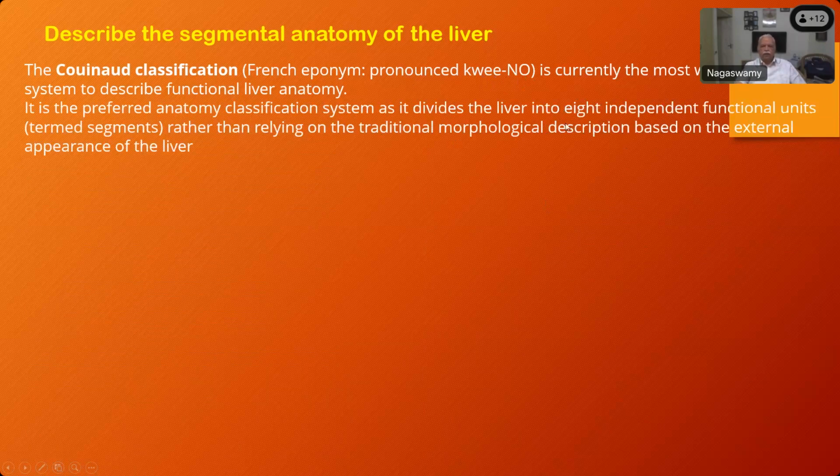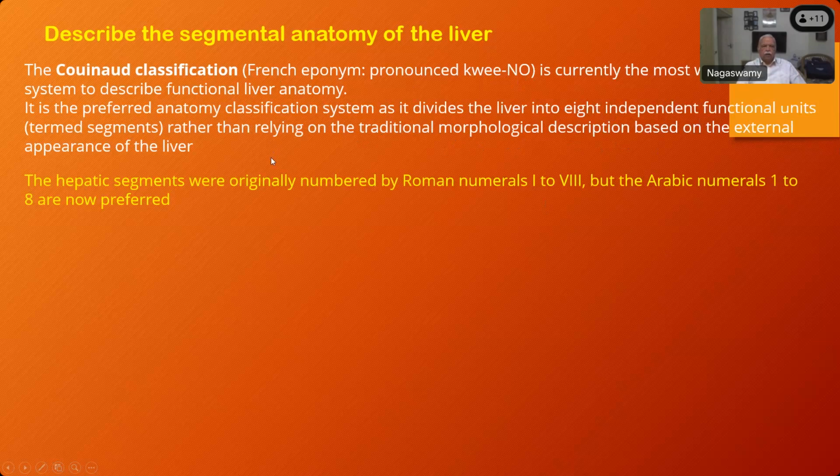Compared to the traditional morphological description, he has divided this into 8 independent functional units, each with its own hepatic artery branch, portal vein branch, and biliary branch. So all three are present in this division.